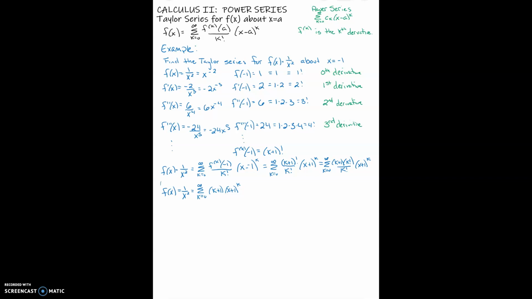The beauty of this is in what we have. You'll notice what we started with was a rational expression, but what we ended with over here, this is polynomial. Okay, granted, it's an infinite polynomial, but it's still a polynomial, which can be much easier to work with than a rational. So that's the beauty of it.